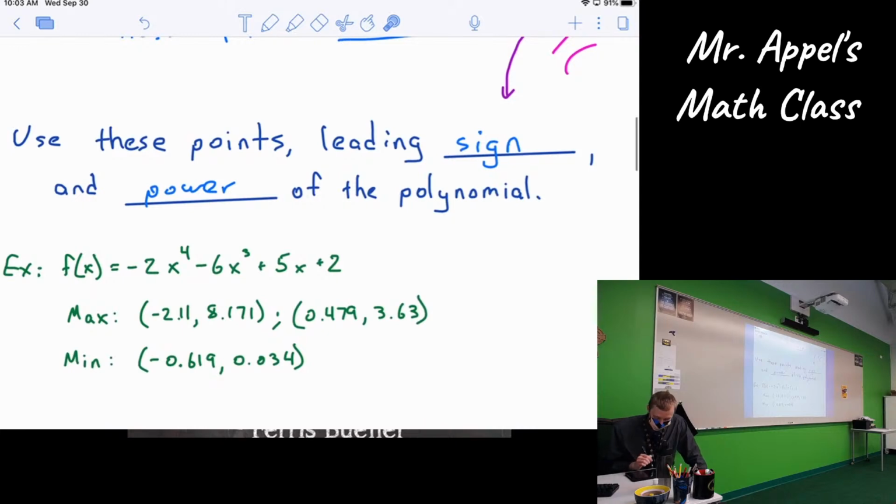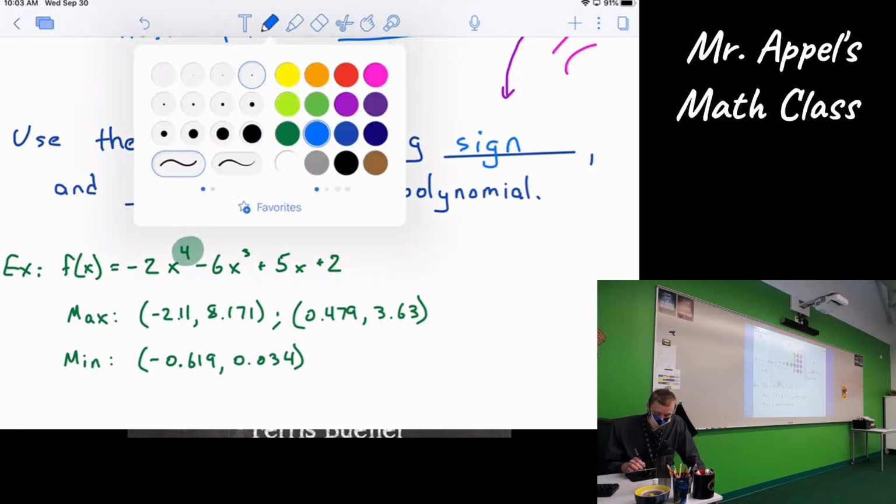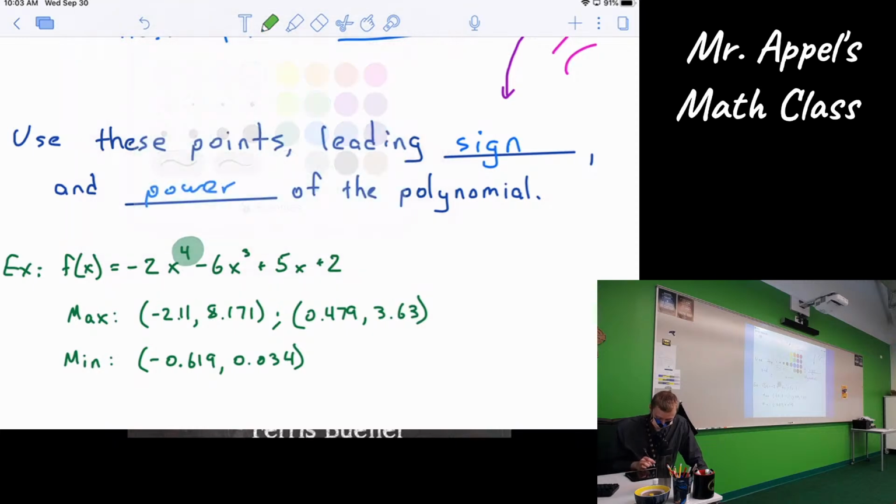All right, I have my 3 points. And of course, I'm looking for 3 points because this was a power of 4, right?